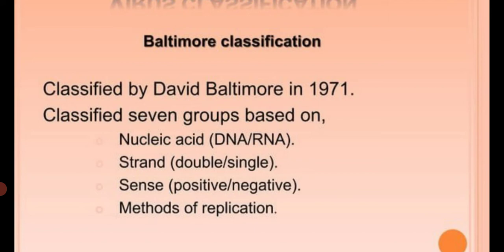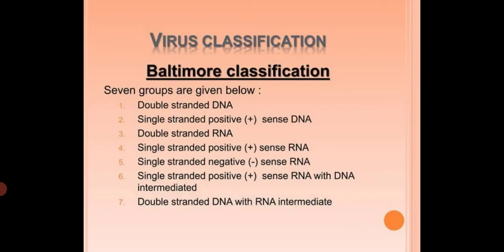Whereas for negative sense RNA, there is a need to transcribe into an mRNA and then it is ready for translation. Method of replication, whether it replicates in the nucleus or the cytoplasm. These were the criteria used by David Baltimore for his classification, and Baltimore divided the viruses into 7 groups.